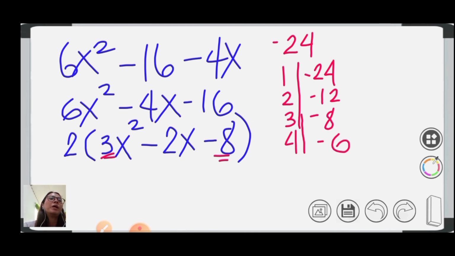What else? Okay, none. Let us see whether we have negative 2 as the sum.